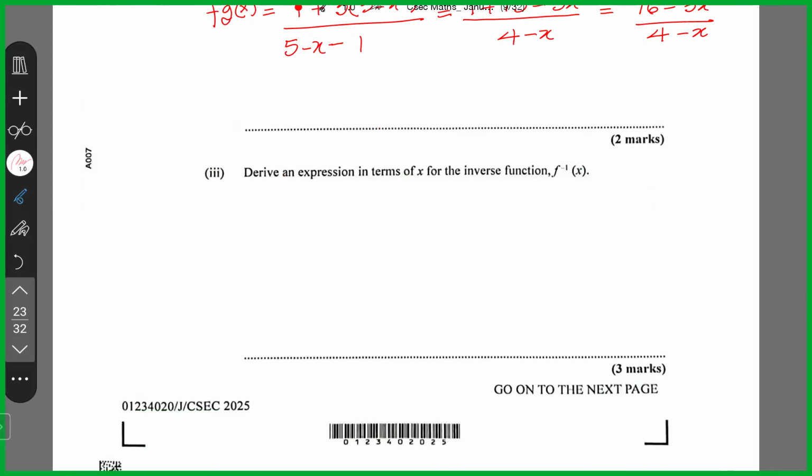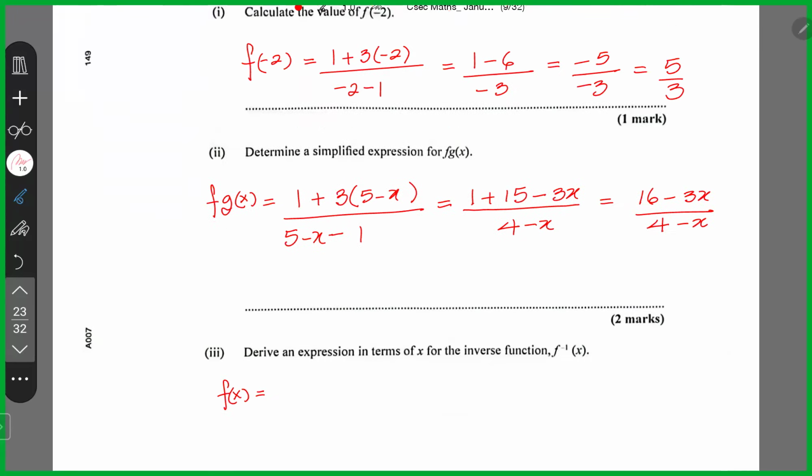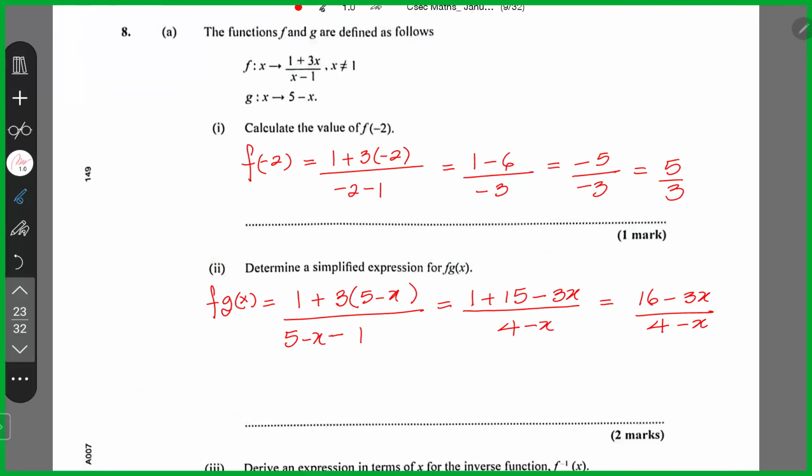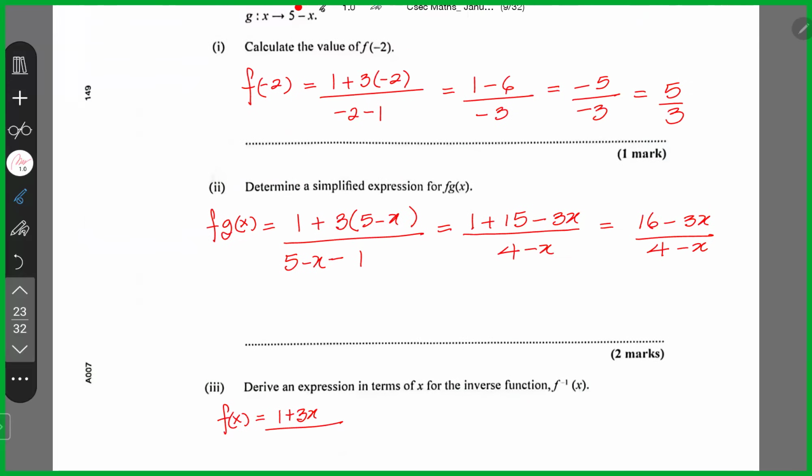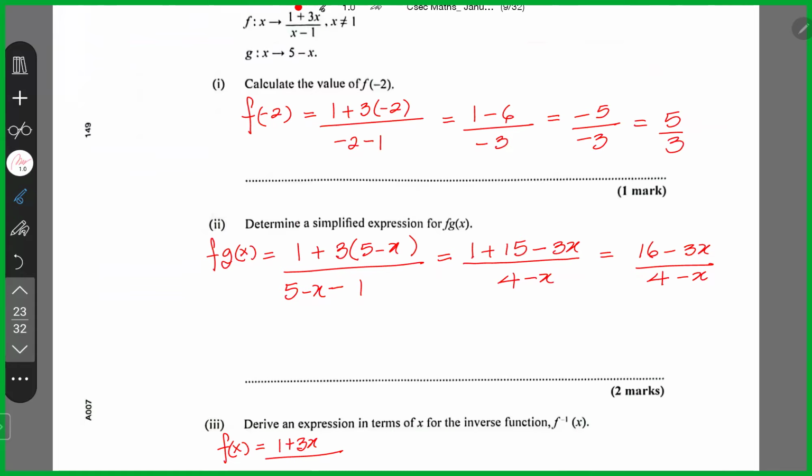We're to derive an expression in terms of x for f inverse x. Now, f of x is equal to 1 plus 3x over x minus 1.